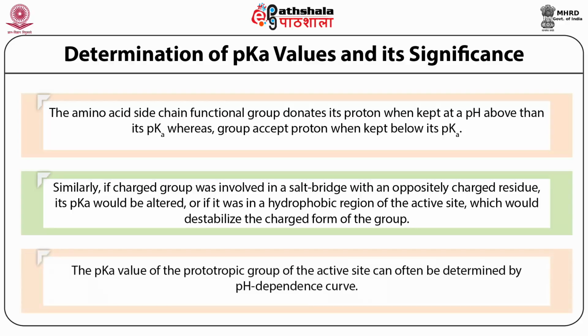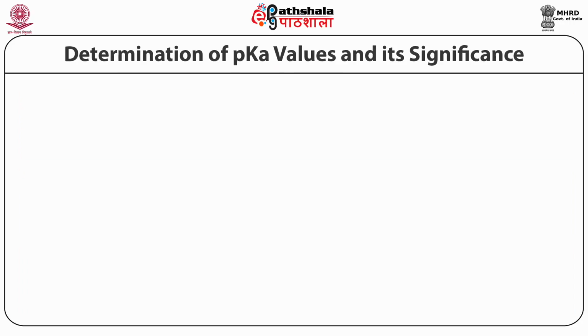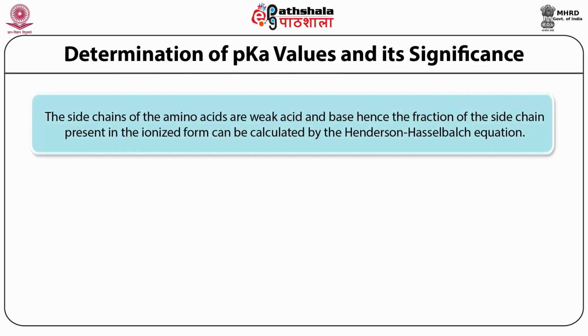The pK value of a prototropic group of the active site can often be determined by a pH dependent curve. The side chains of amino acids are weak acids or weak bases, hence the fraction of side chain present in the ionized form can be calculated by the Henderson-Hasselbalch equation.